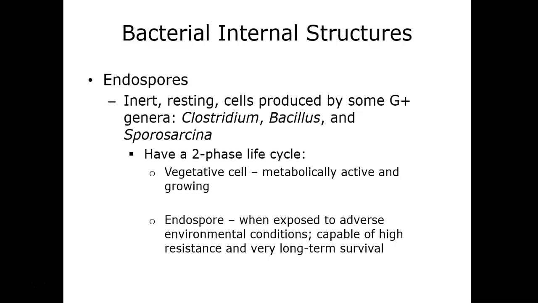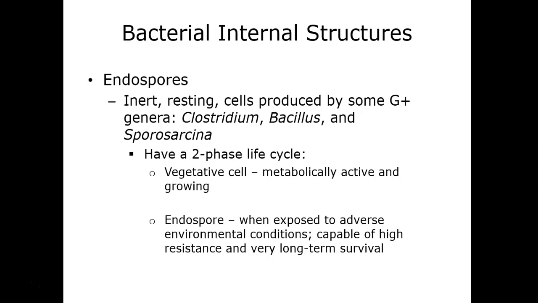We have the Clostridium, the Bacillus, and a third genus, which is known as Sporosarcina. So Clostridium, Bacillus, and Sporosarcina are the 3 genera that are able to produce these kind of inactive states under stress conditions. So endospores have a 2-phase life cycle to them.